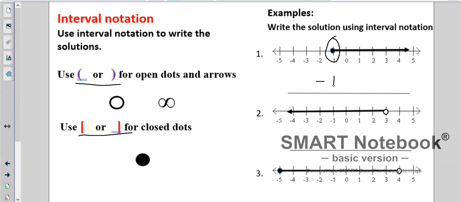We're going towards positive infinity. We're going to put a comma between that, and since it's greater than or equal to, we're going to use a bracket. And we use parentheses for infinity because we really can't capture infinity. So the bracket means we're including -1.